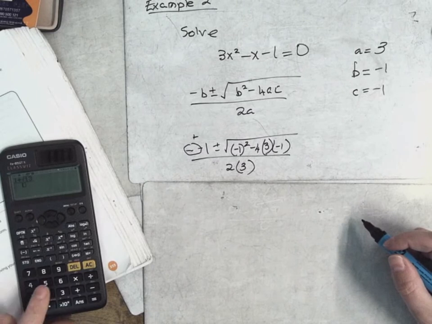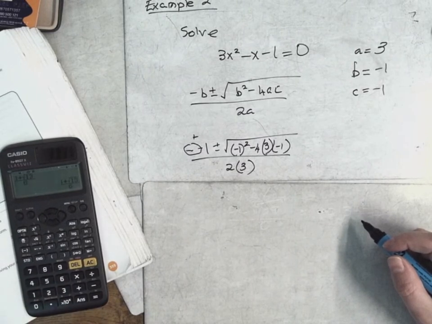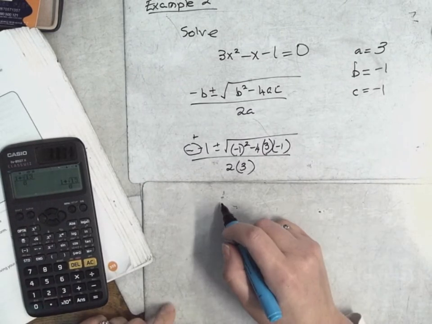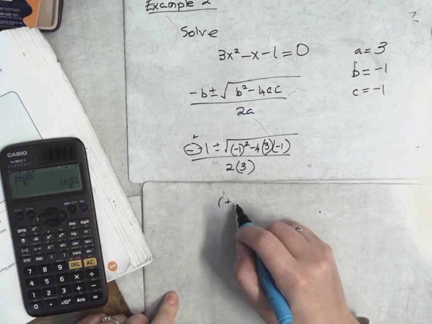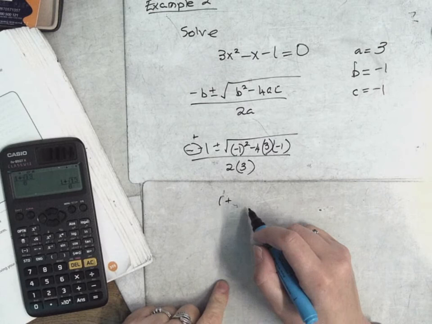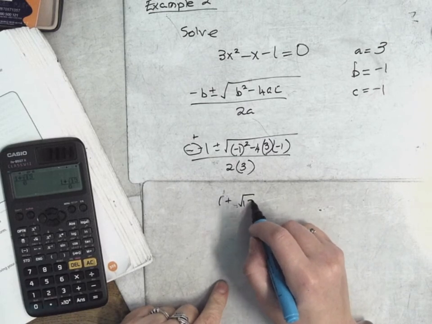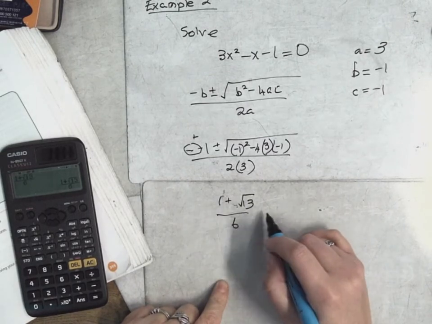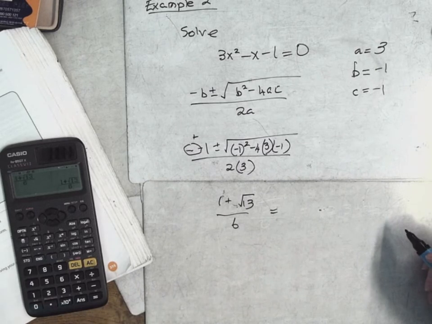You type it exactly as you see it. One answer will be 1 plus root 13 over 6, and that's the answer you give if they say surd form.